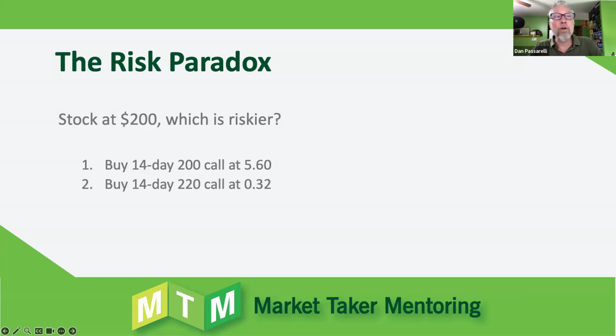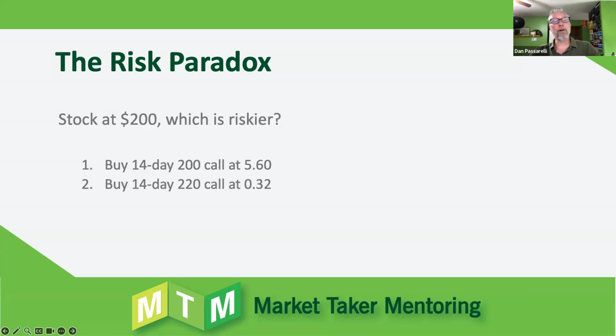It costs more to make that trade, $560 for a one-lot trade, right? If it goes down, it's got a bigger delta. If it goes down, you start losing money faster, right? But you can also make a case for the 220 calls, because the 220 calls just have a little delta.